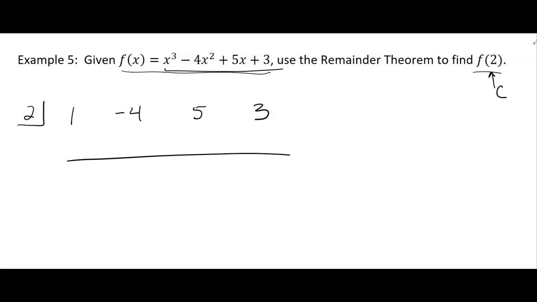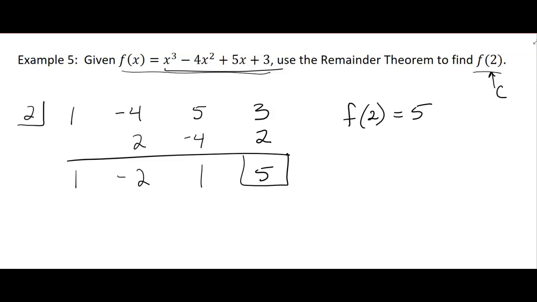Now we're going to divide synthetically. Bring down the 1, 1 times 2 is 2, negative 2 plus 2... negative 2 times 2 is negative 4, get 1, 1 times 2 is 2, multiplying, and then 3 plus 2 is 5. What that means is f of 2 is equal to 5.